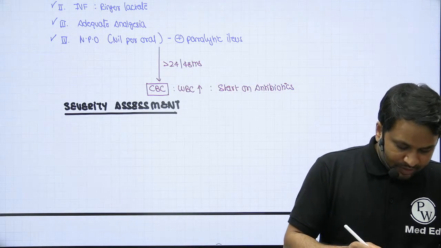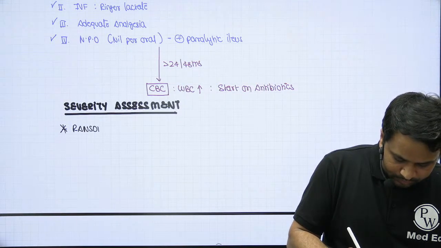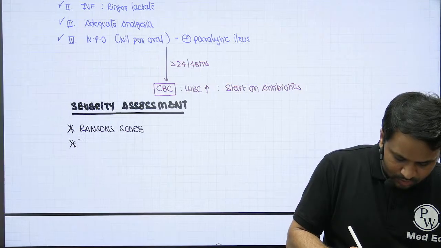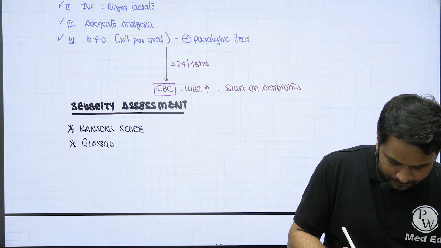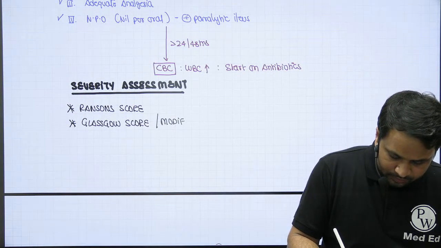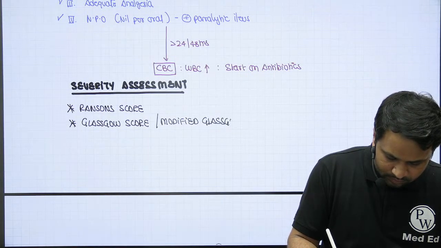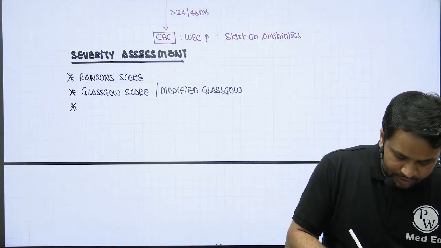Number 1, we'll be using the Ranson score. Number 2, the Glasgow score, or you can say modified Glasgow. We'll also be using the Atlanta classification.